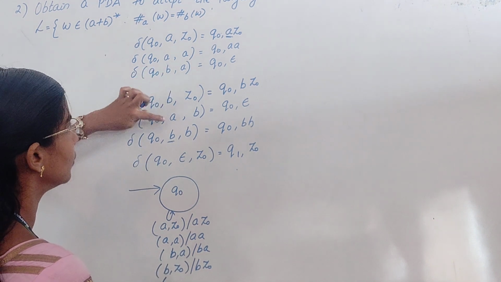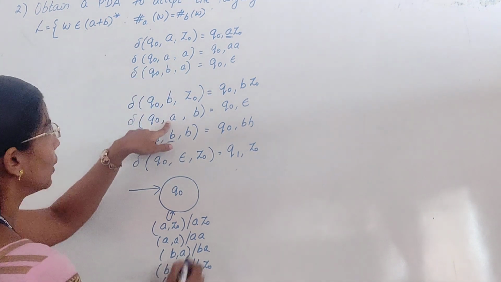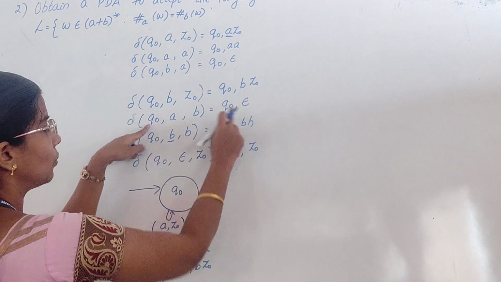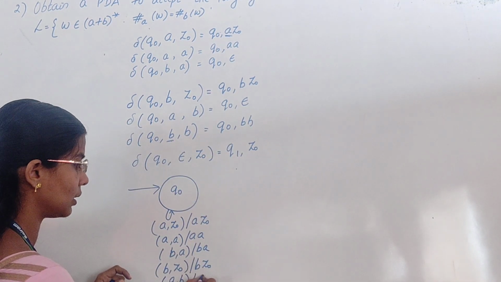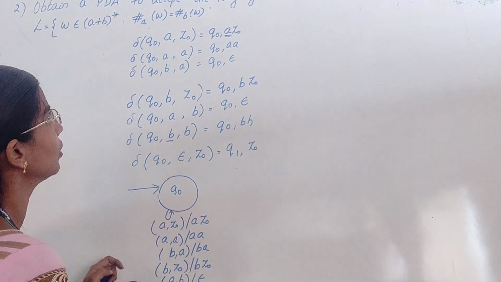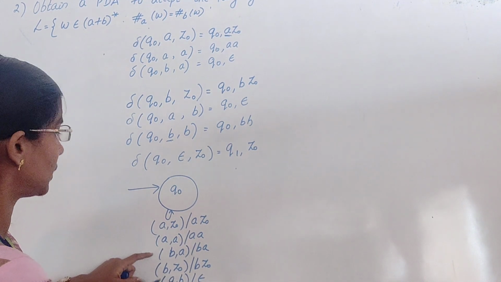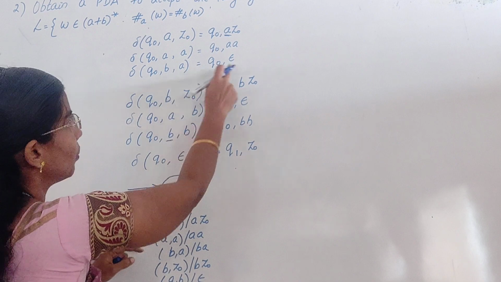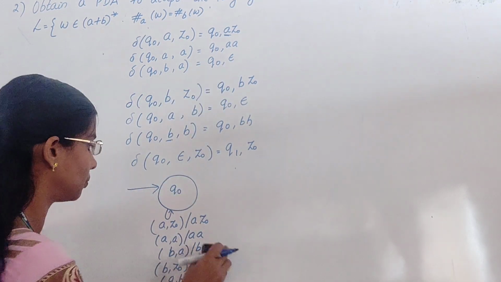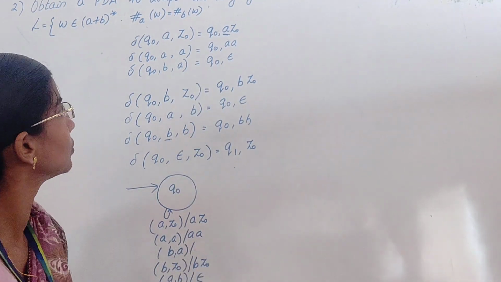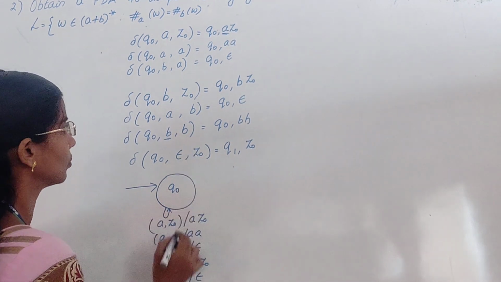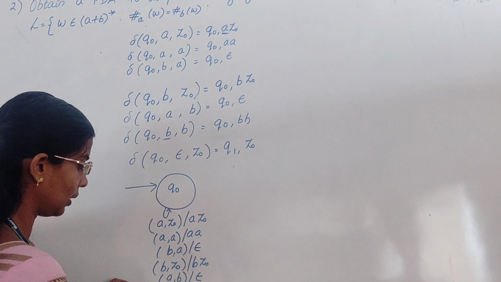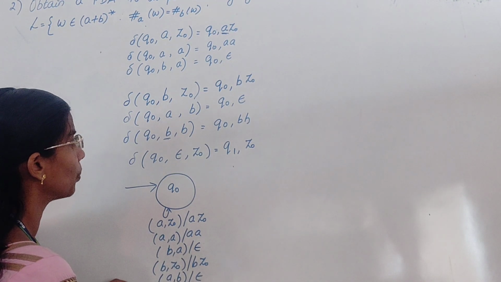Next it is A comma, because Q naught, so it will be a self loop. A comma B, it is epsilon. Did I make a mistake here? Yeah, it is B comma A, it is epsilon. Next B comma B, BB.